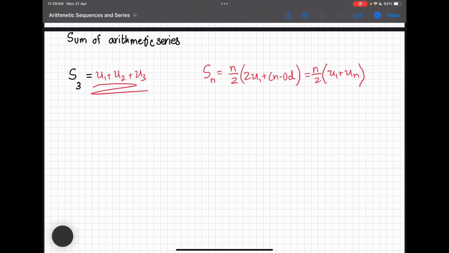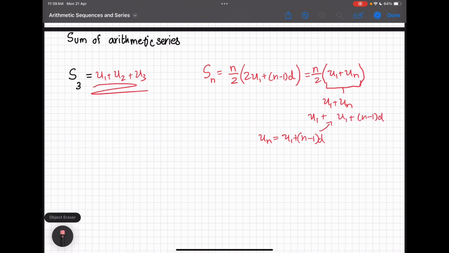So if you observe this part of the second equation, u1 plus un, judging from our nth term formula which we have for un, we can sub in: u1 plus un is equal to u1 plus u1 plus (n minus 1) d.